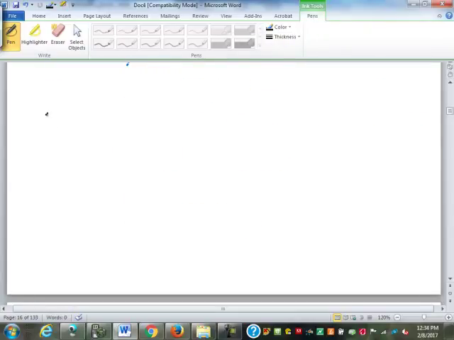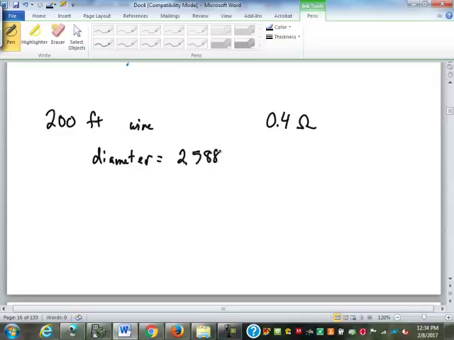So let's say we still have that 200 feet of wire. It is still 0.4 ohms. It has a diameter of, let's call it 10 gauge wire, so 2.588 millimeters.